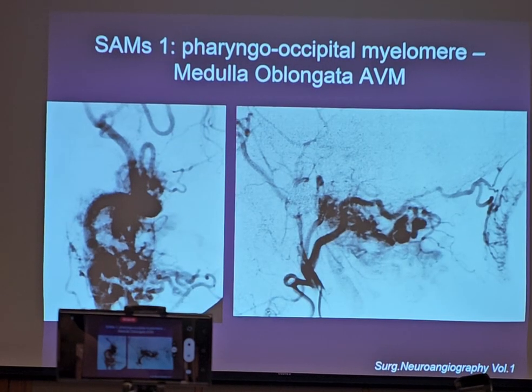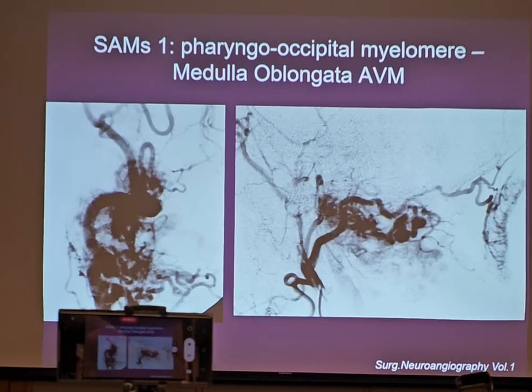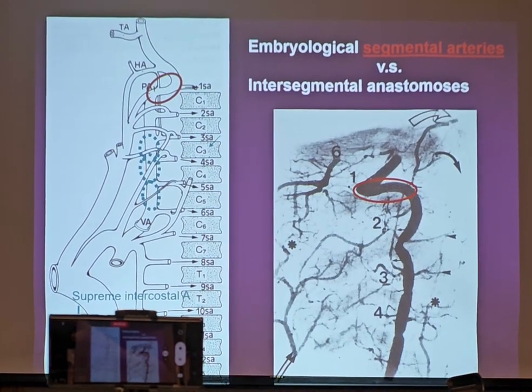For example, this is SAMS 1, where we count the level here as 1, and it combines pharyngo-occipital supply to the malformation as well as segmental arterial supply to the intradural malformation.